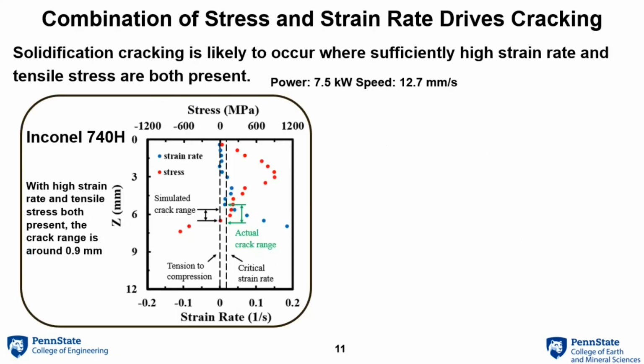So then we can start looking at how the stress and strain rate vary from top to bottom of the weld for different alloys. We know that for solidification cracking to occur, the solidifying material needs to be in tension. That means the stress needs to be positive.